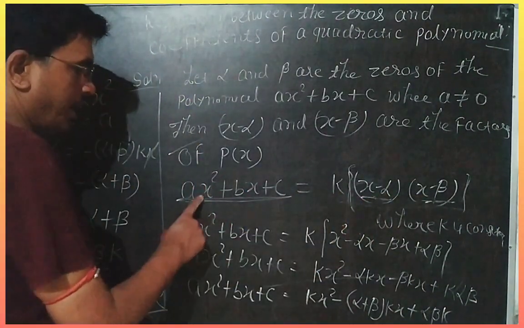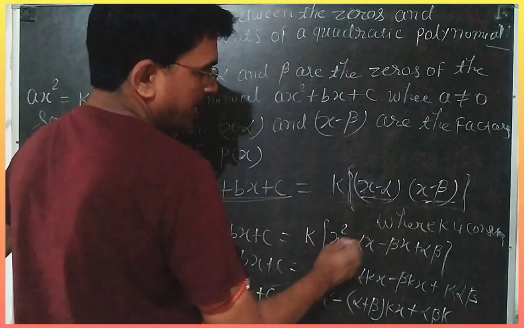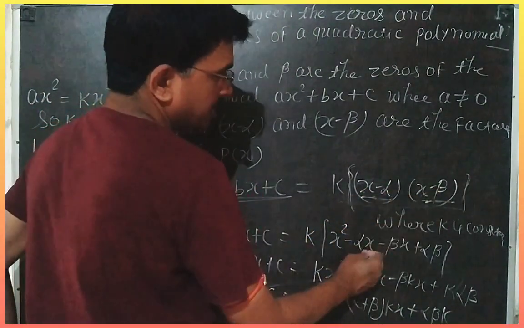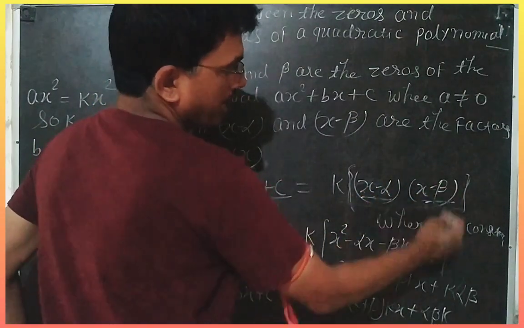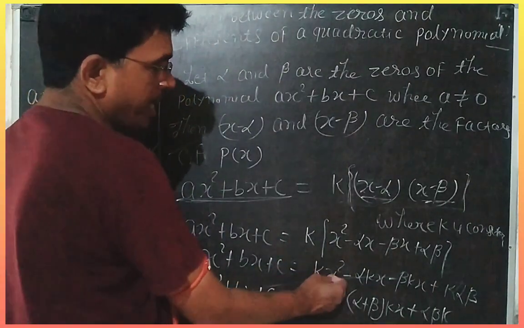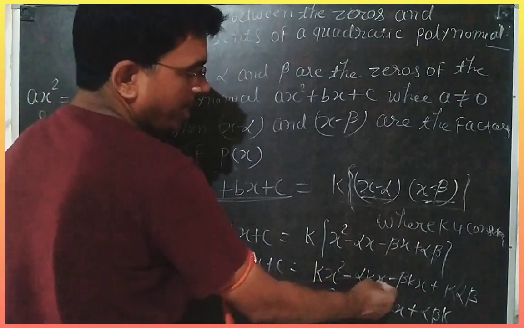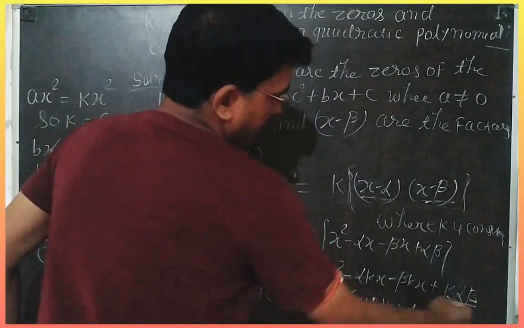What do you get here? ax square plus bx plus c is equal to k times x square minus alpha x minus beta x plus alpha beta. Because k multiplies each term, you get kx square minus alpha kx minus beta kx plus alpha beta k.